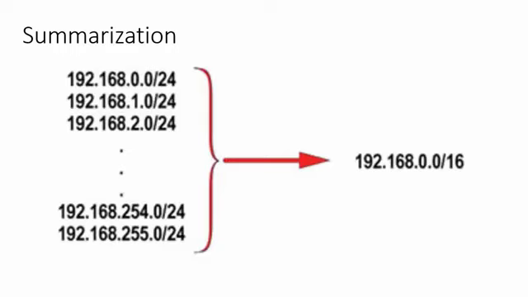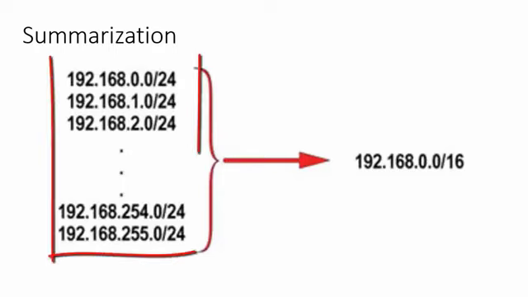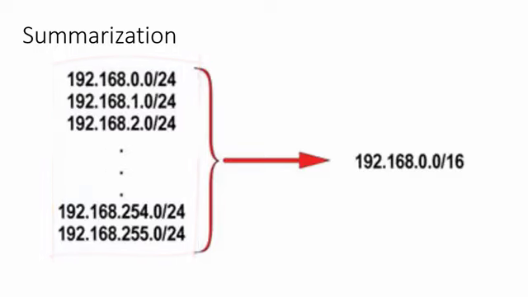Here's a perfect example. Let's say we're looking at the routing table of a core router, and it knows about all the branch offices. And let's say there are 255 branch offices, and each are allotted a /24, and they're assigned a 192.168.x.0/24 network. Now, sure, the core router has individual entries for all of these routes and knows how to reach all of them through separate interfaces or tunnels.